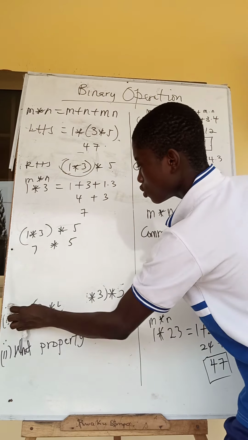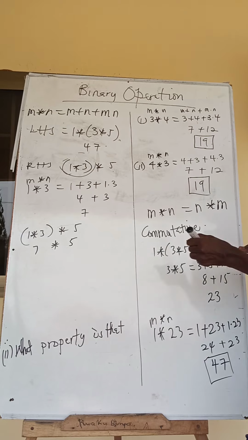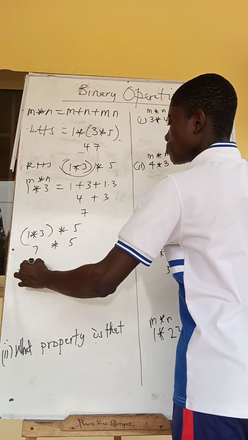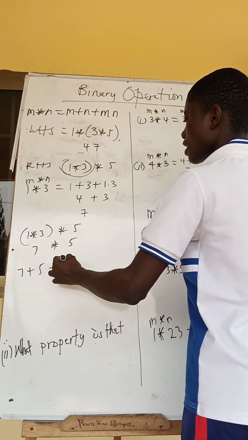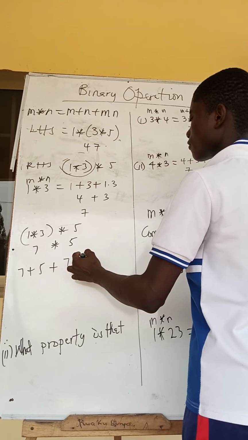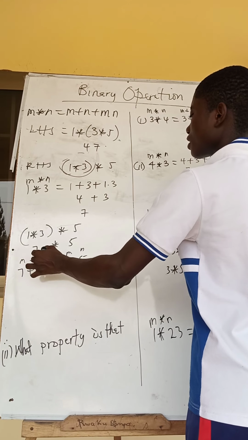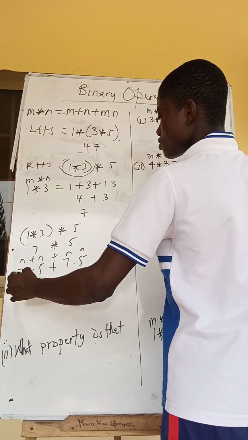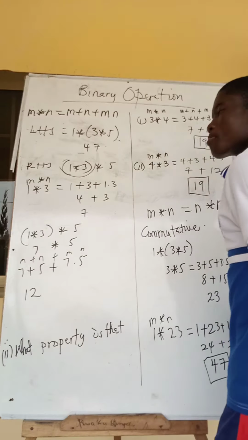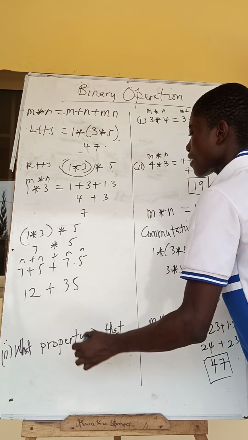The next question is, what property is that? So don't forget about that aspect. So 7 star 5 is 7 plus 5, that is m plus n, plus m times n, which is 7 times 5, that is mn. So 7 plus 5 is going to give us 12, plus 7 times 5 is 35.